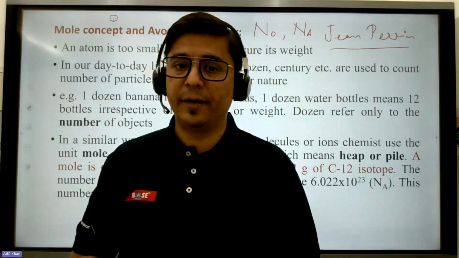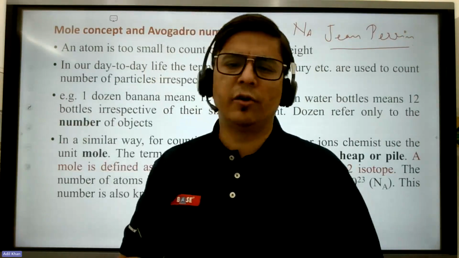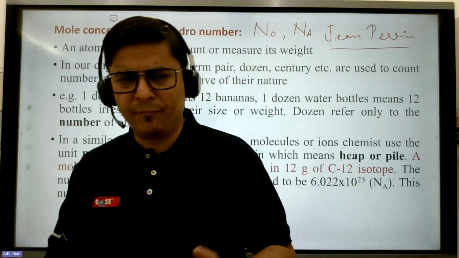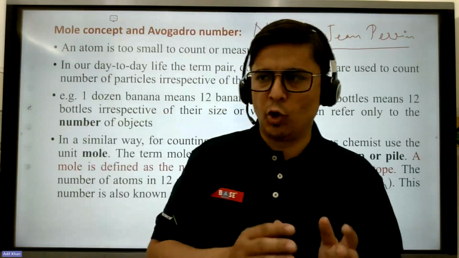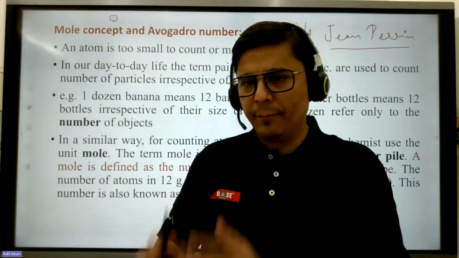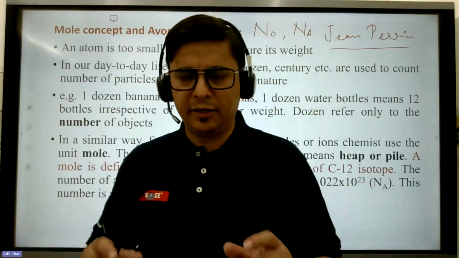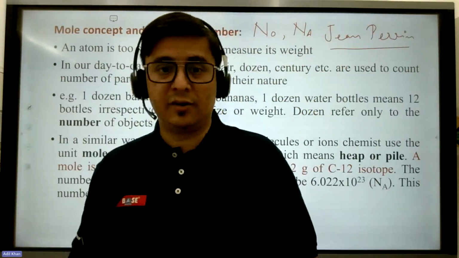But it was not discovered by Mr. Avogadro. It was discovered by Jean Perrin. It was just given in honor of Mr. Avogadro. Avogadro has a very big name, Lorenzo Romano Amedeo Carlo Avogadro. A very big name, but in short, to remember, Amedeo Avogadro is the name.